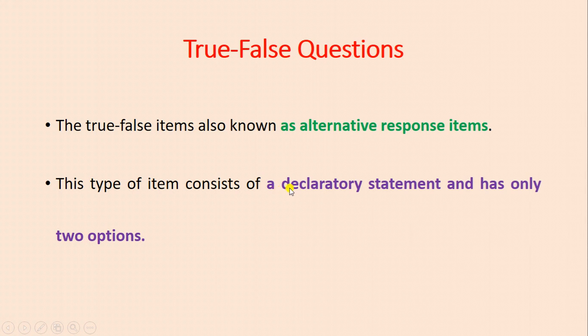So from two options, the students have to take one option. It may be a true option, it may be a false option, it may be a right option, it may be a wrong option. So students have to take one option from the two options. In this way, the statement will be complete.